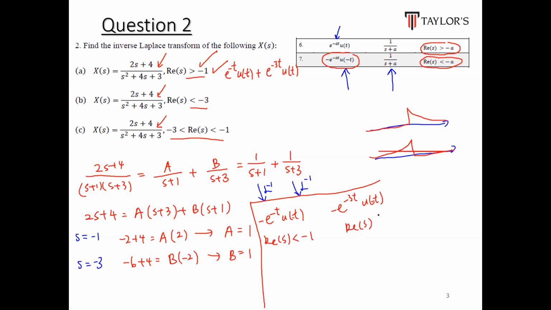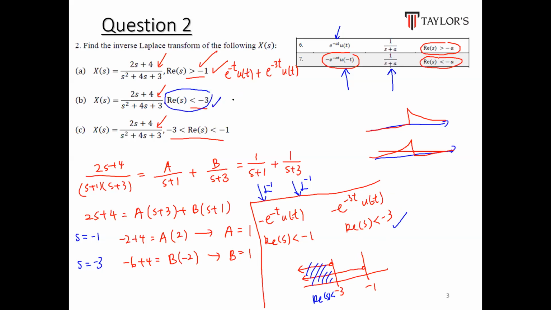Real part of s must be smaller than negative 3. So I have negative 3 here and I have negative 1 here. It must be smaller than negative 1, so it's here. Must be smaller than negative 3, so it's here. Then the overlap region is real part of s must be smaller than negative 3. So which is correct as well.